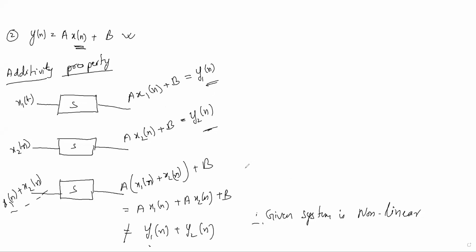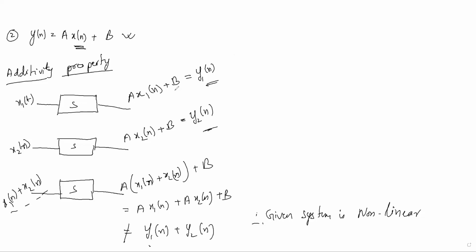Can I proceed to solve the next problem? Sir, if b were not there, it would be linear, sir.